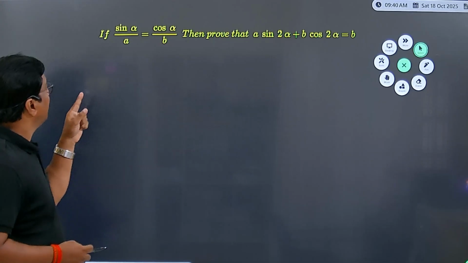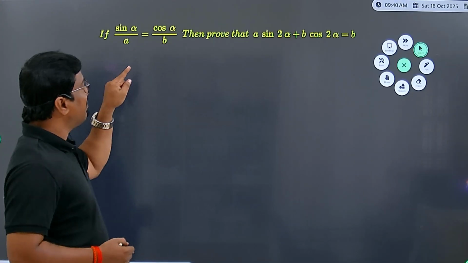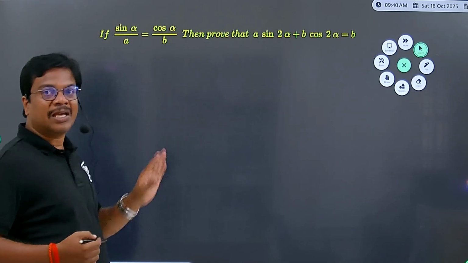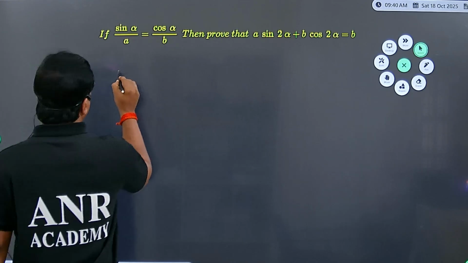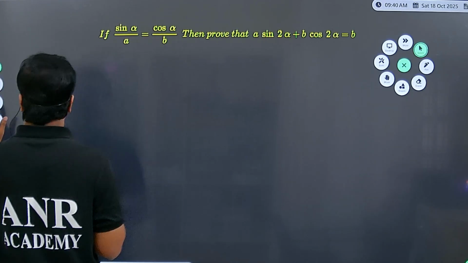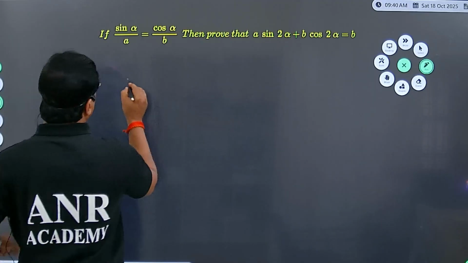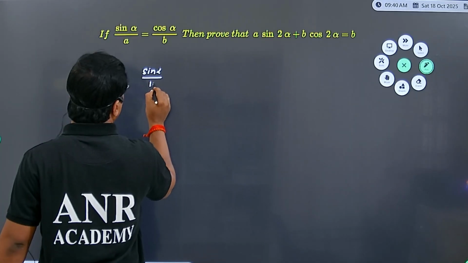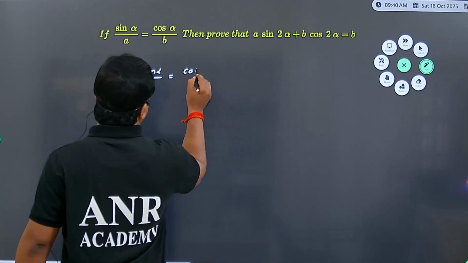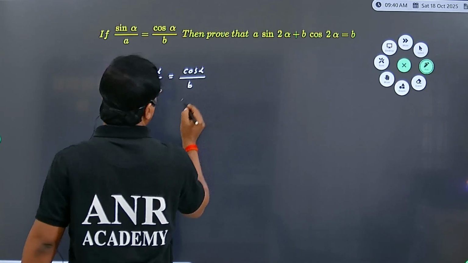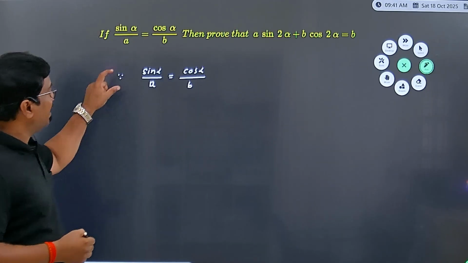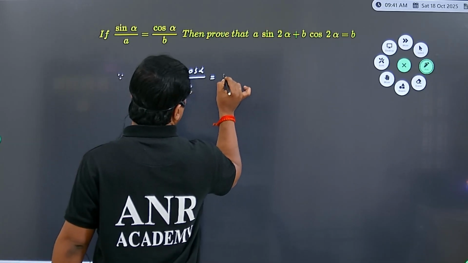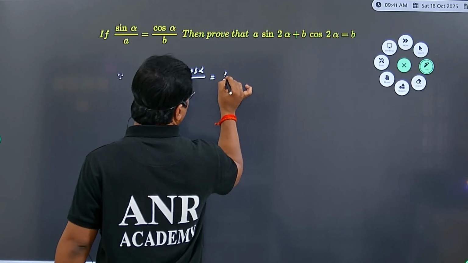Next question: if sin alpha by a equals cos alpha by b, then prove that a sin 2 alpha plus b cos 2 alpha equals b. This is the question. Here, since sin alpha divided by a is equal to cos alpha divided by b, whenever two ratios are the same, then I can assume that equality is some t.